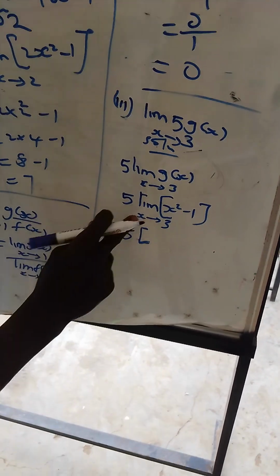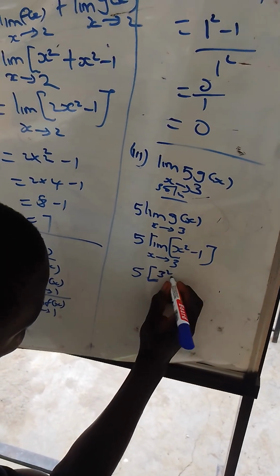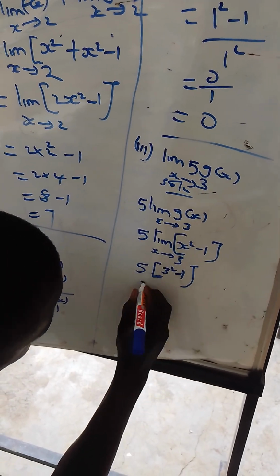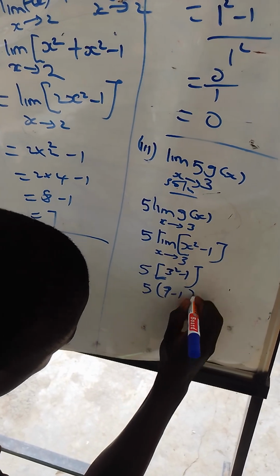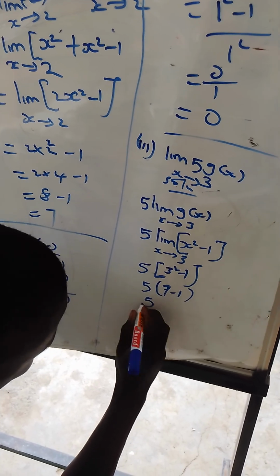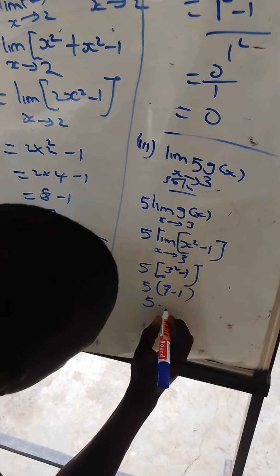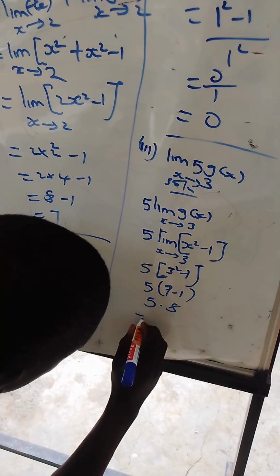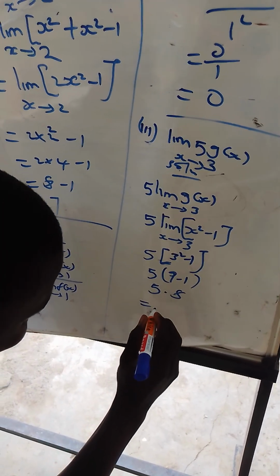Now here we are going to substitute the value of x, which is 3 squared minus 1. Remember, this is the same as 5 into 3 squared, which is 9, minus 1. 9 minus 1 is the same as 8. So 5 times 8 is 40.